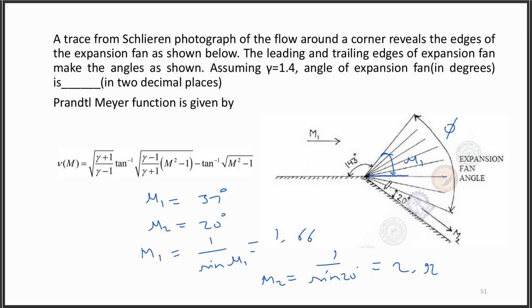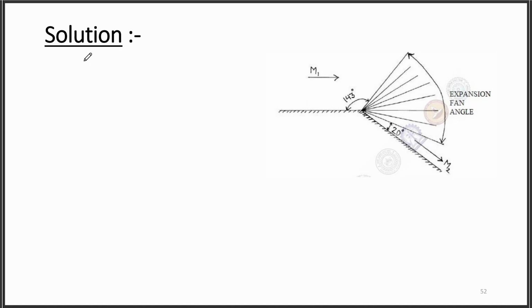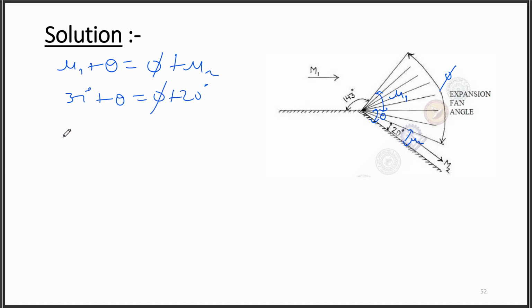And if you see, this is angle theta. Here we can easily conclude that this is mu1, this is theta, this is mu2, and this is phi. So we can see that mu1 plus theta equals phi plus mu2. mu1 is 37 degrees, theta we don't know, phi we don't know, and mu2 is 20 degrees. So phi is 17 degrees plus theta.